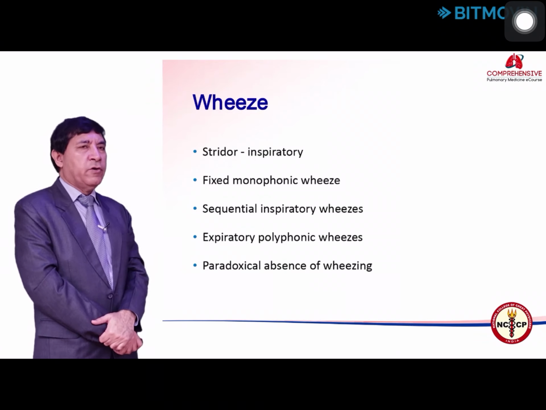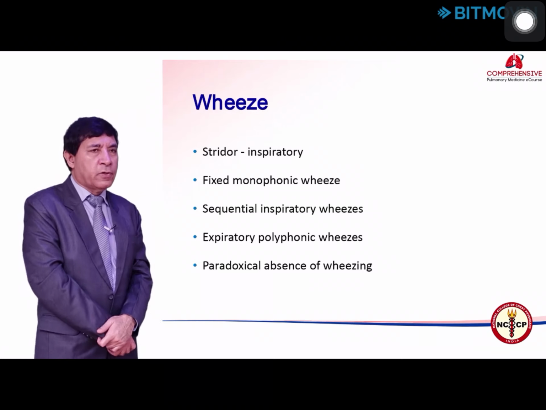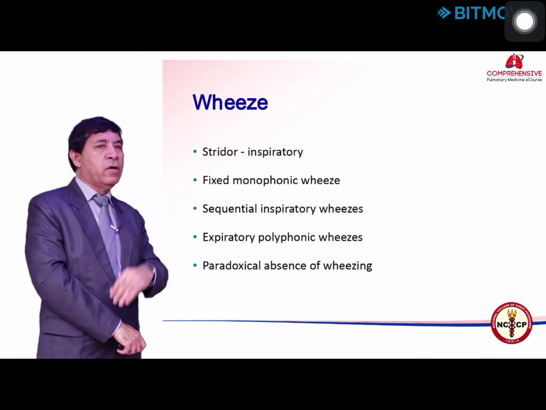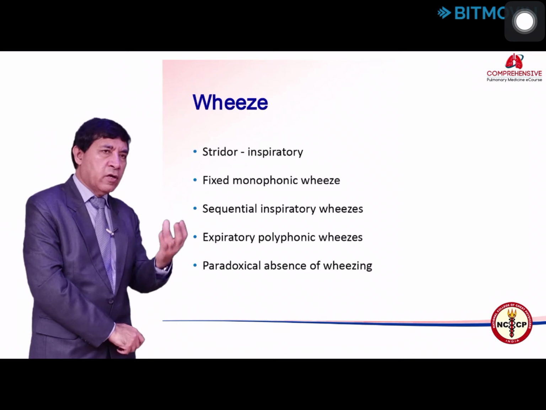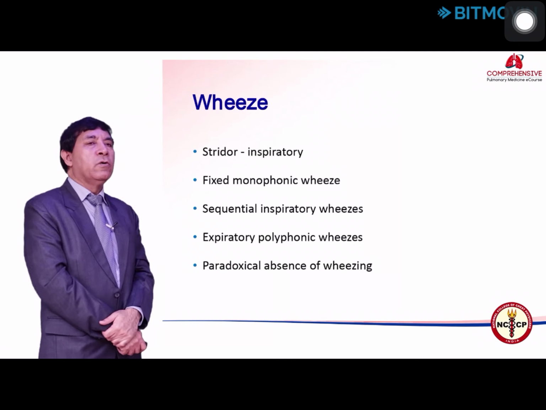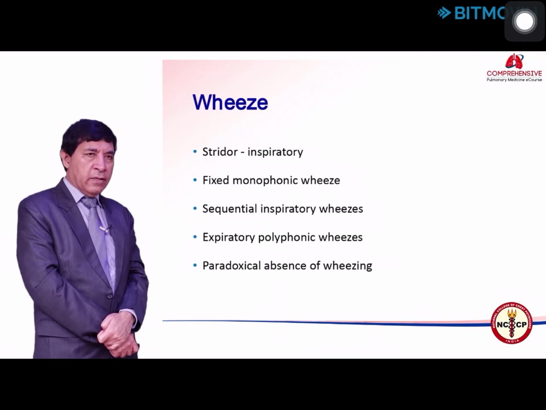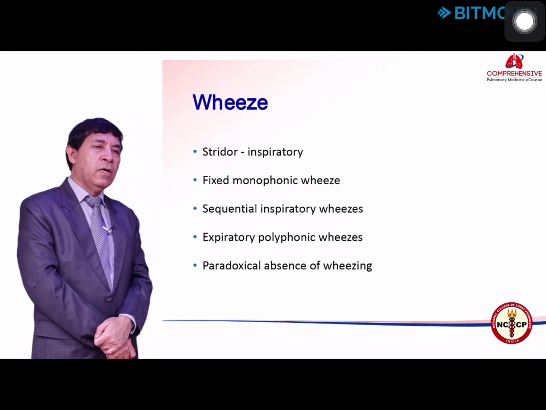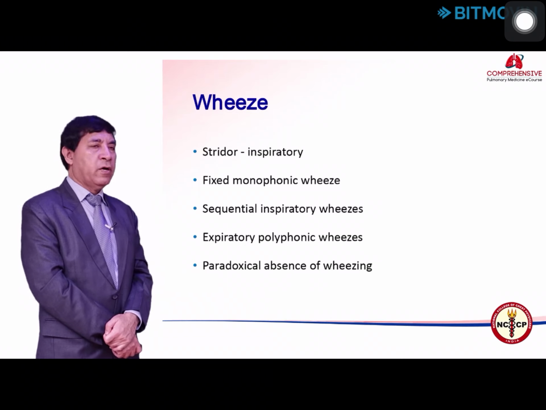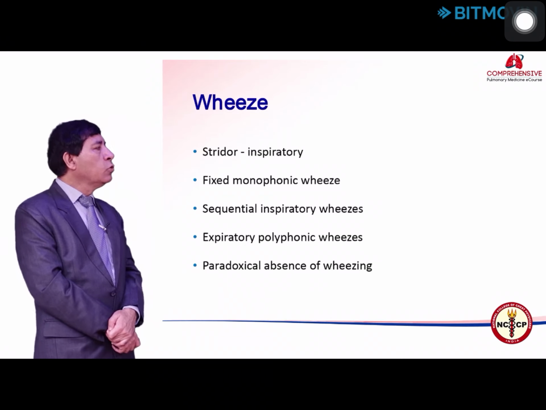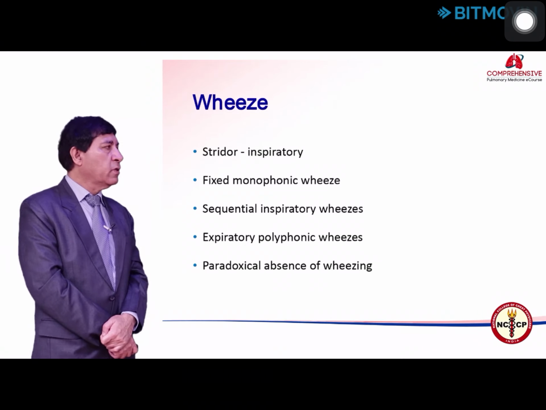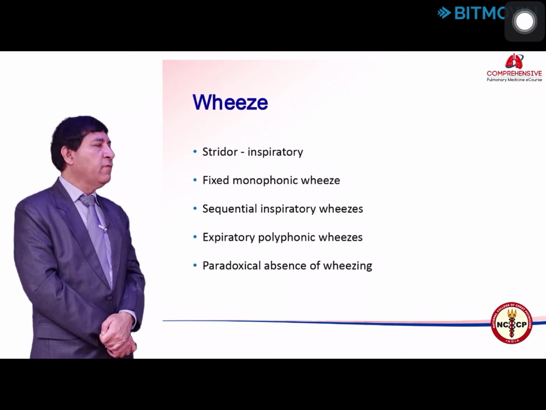So if there is a tracheal tumor or tracheal obstruction, if it is in the extrathoracic portion, it will result in an inspiratory wheeze. When it is in the intrathoracic portion, it will result in an expiratory wheeze. So usually when there is a localized obstruction, you will have a fixed monophonic wheeze.